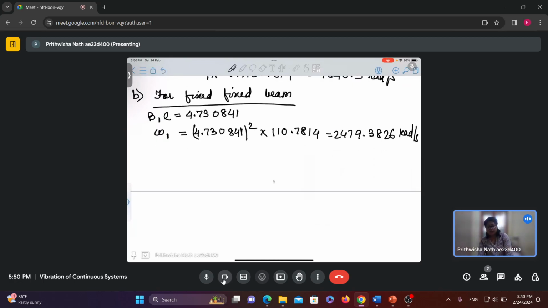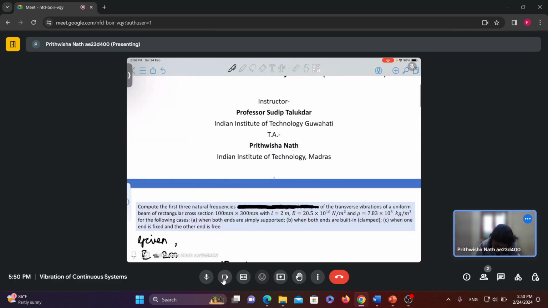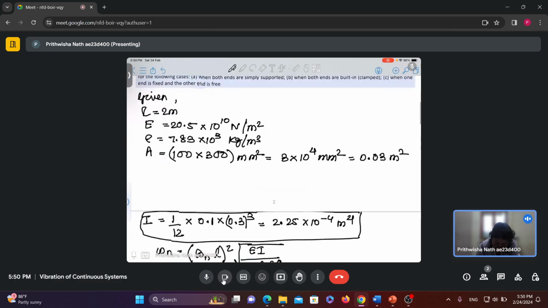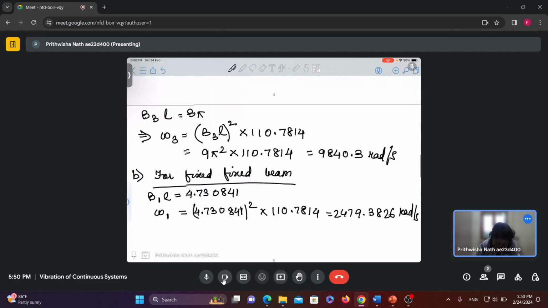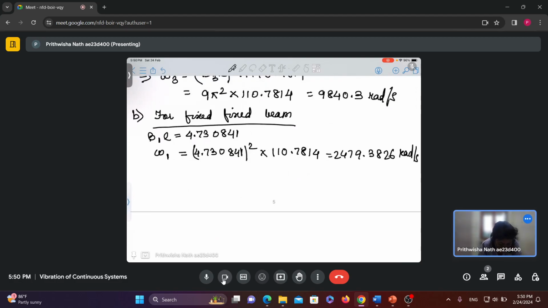Now for the second natural frequency, beta 2 L is given as 7.853205. I'll follow a similar process.